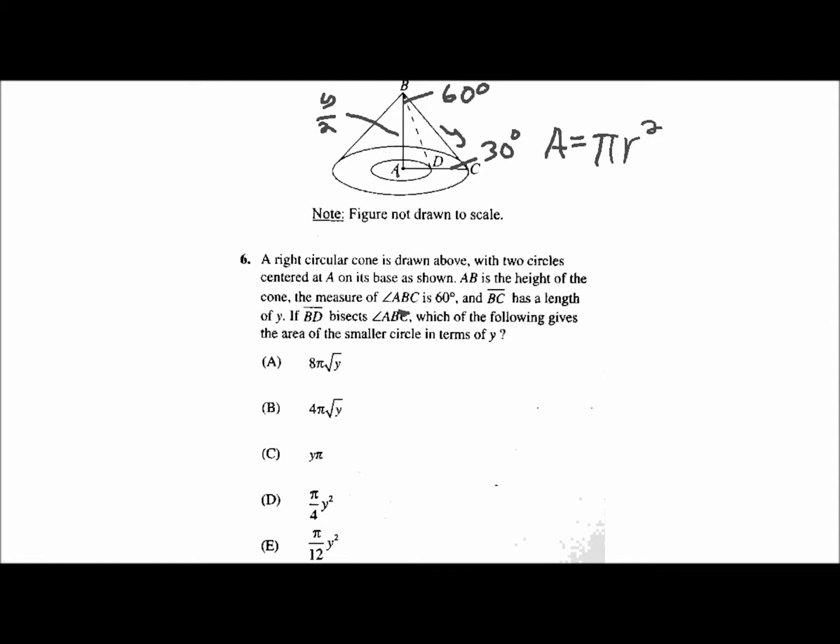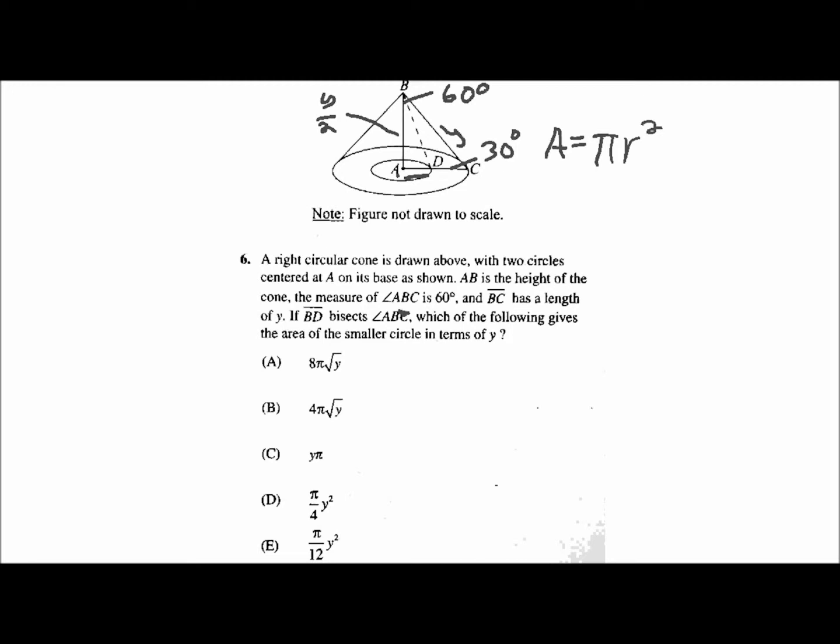So both of these triangles, triangle BDC and triangle ABD, have 30 degrees up here in the top. We are concerned about this triangle here because it includes the radius that we need for our formula over here.